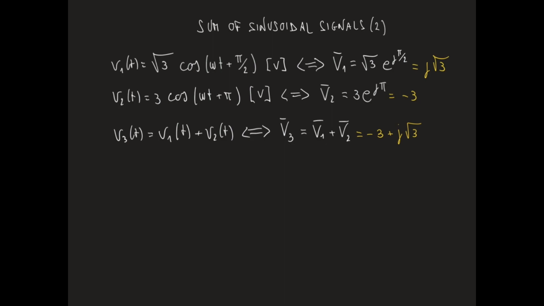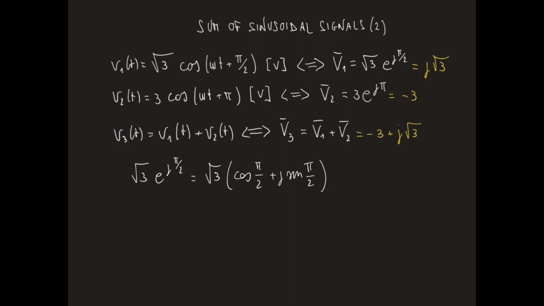Just as a confirmation of the above results about V1 bar and V2 bar, remember that by Euler's formula, square root of 3 times e to the j pi divided by 2 is equal to square root of 3 times the cosine of pi divided by 2 plus j the sine of pi divided by 2.